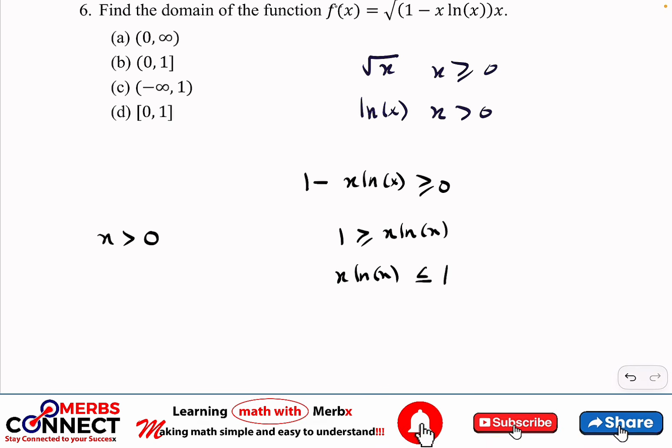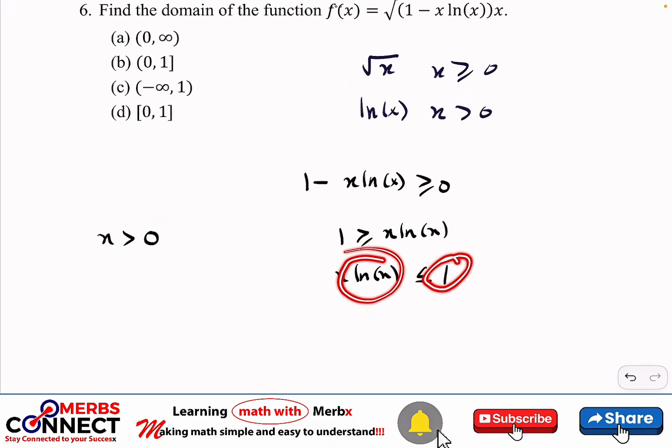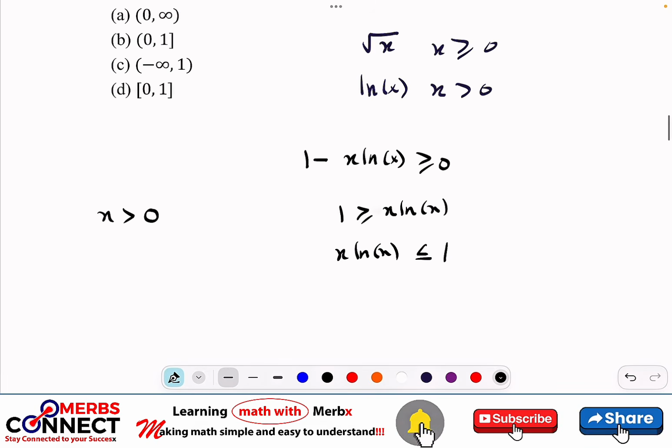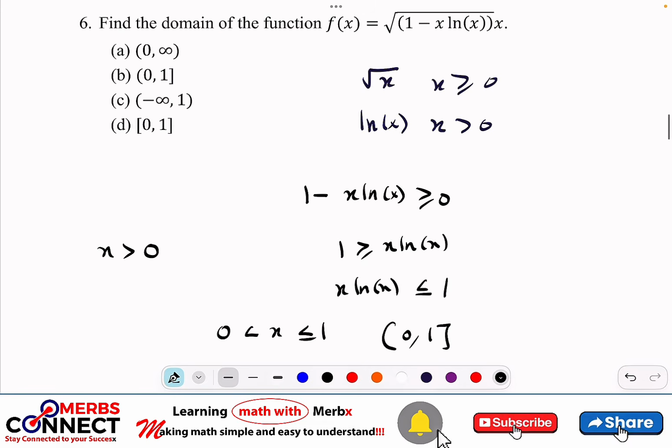So we know that when x is 0, we have excluded that. But when x is 1, this is going to be 0, which is true. And as x is increasing, this is going to hit 1 here. So it means that our x should be lying between 0 and 1, which is the same as this. So the best option here is to choose B.